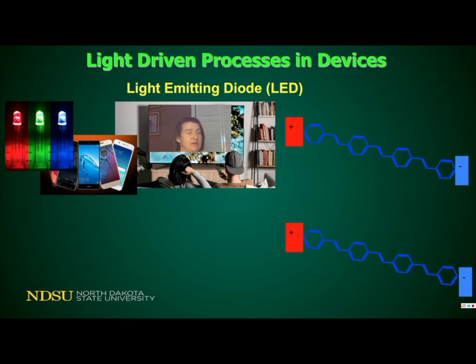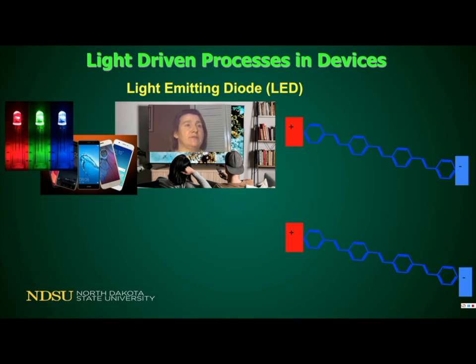The key processes in these devices include the idea that first we have a material. It should be a conducting material. On the right side, here is an example of a conducting polymer, which is connected to contacts with different charges, plus and minus.